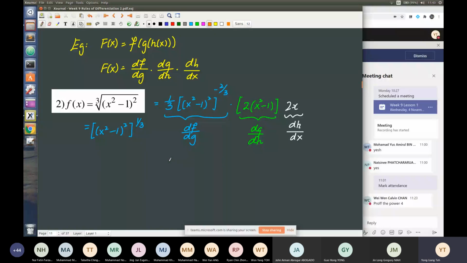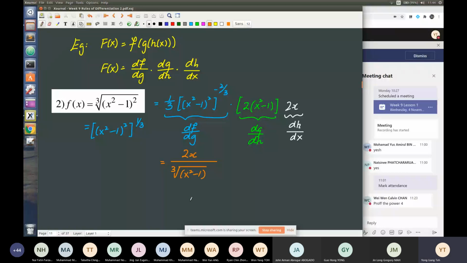So hence I am looking at 2x plus 1, and this is minus 2/3. Hold on, can I actually simplify? This is minus 2/3, so this is actually minus 4/3. So minus 4/3 plus 1, that means left with minus 1/3. So it looks like 2x over cube root of x squared minus 1.